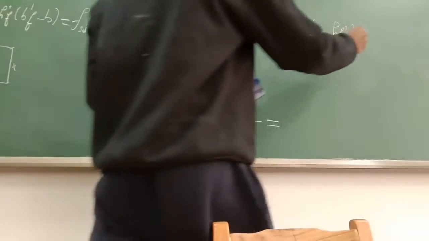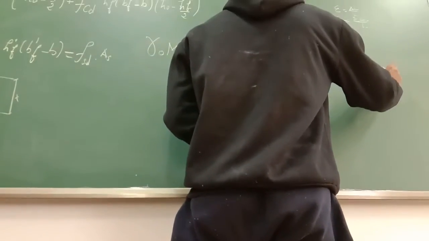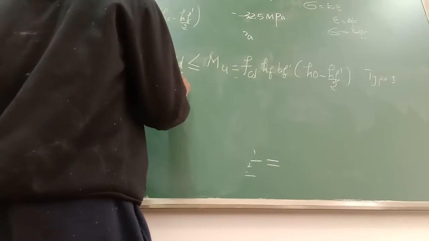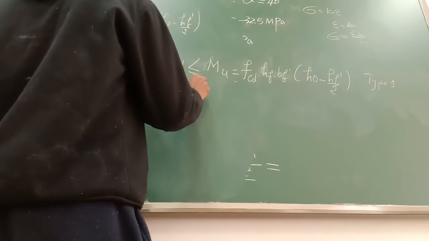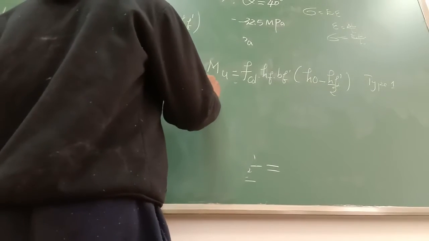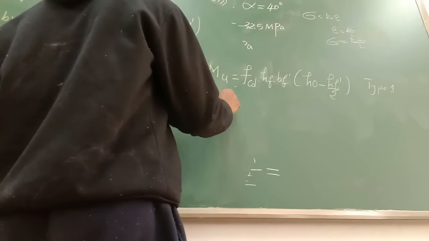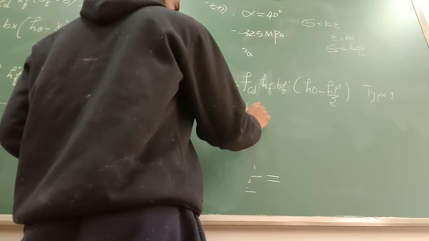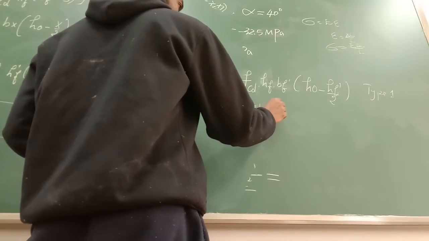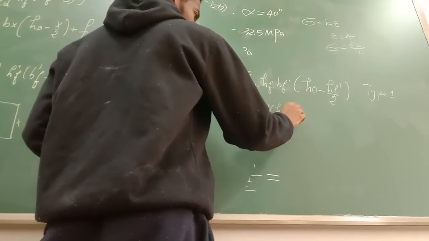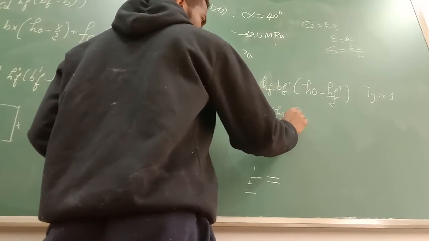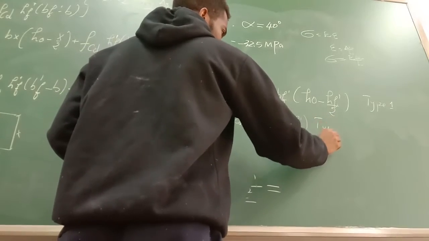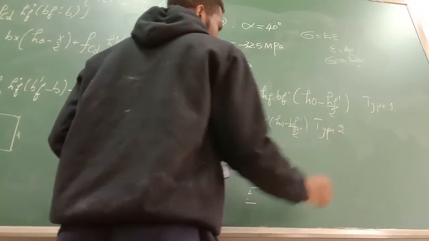If it's smaller, it's type 2. So this is the basic equation we use for distinguishing type 1 and type 2.